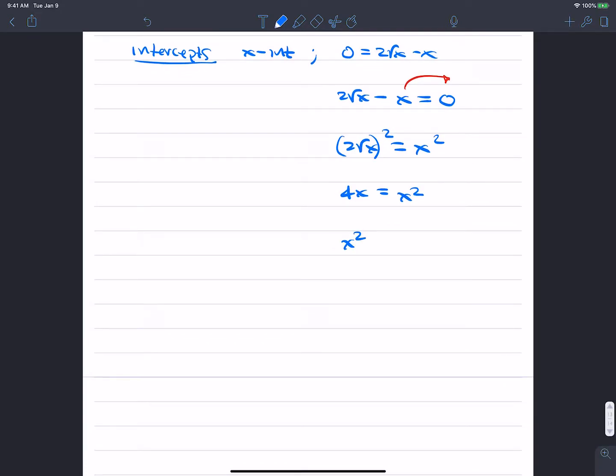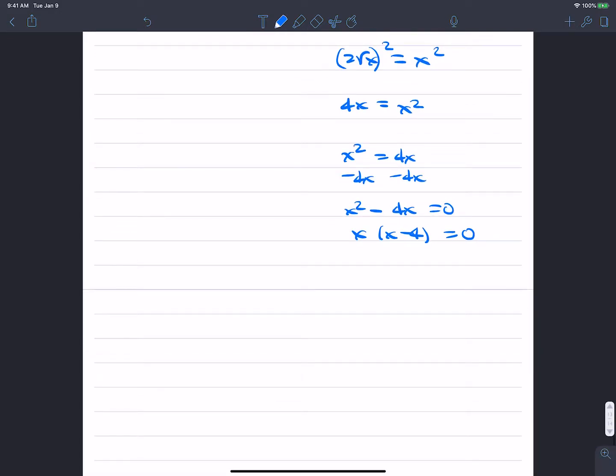We get x squared equals 4x. We can subtract that 4x from both sides, right? X squared minus 4x is 0. Factor your x out. X minus 4 is 0, right here. And by the zero product rule, what does that mean? We got two things. We get x is 0, x minus 4 is 0, so you can add 4. We'll get x is 4 here.